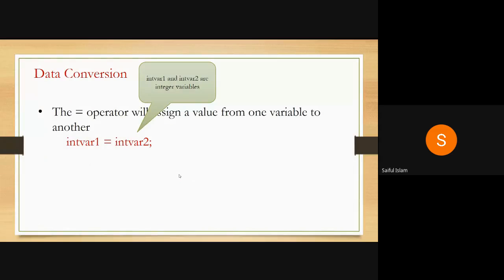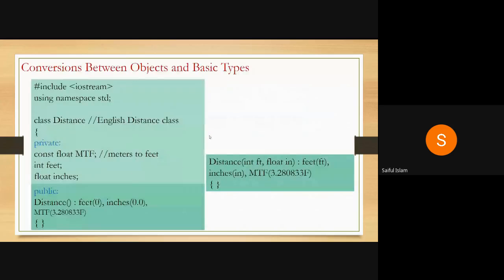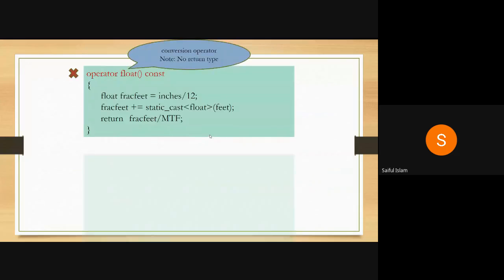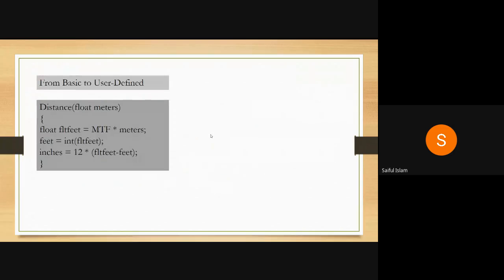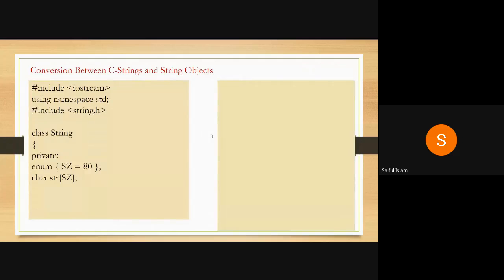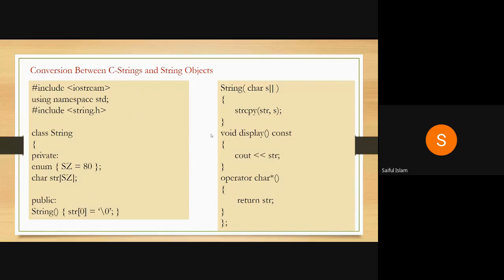The topic that we were talking about was data conversion, and I think we have completed this topic. So just coming to the last slide of this. Now I think we were discussing the conversion between C string and string objects.